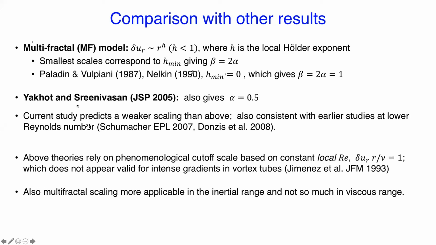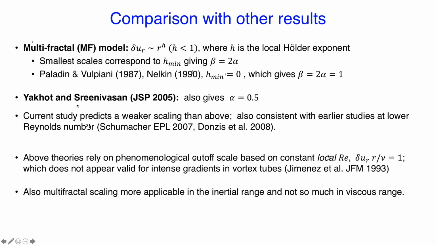I have not discussed that in detail, but the main takeaway is that these scalings, which these theories derive, basically assume a local cutoff Reynolds number of 1, given by some increment times the distance over viscosity equal to 1.